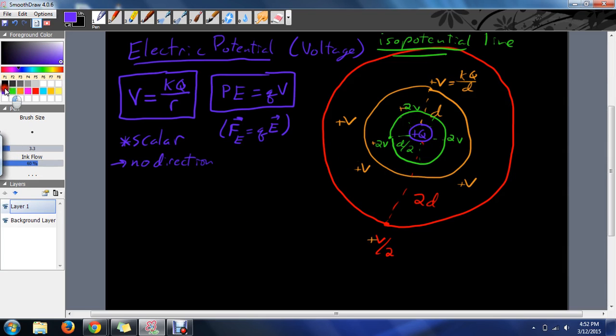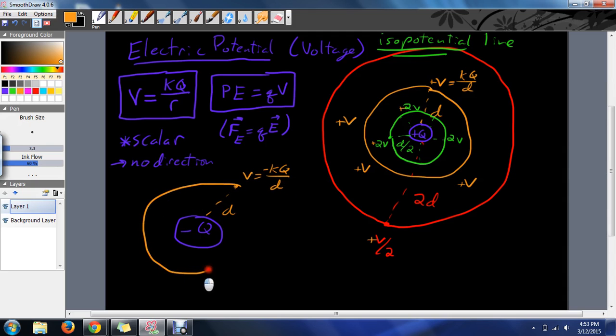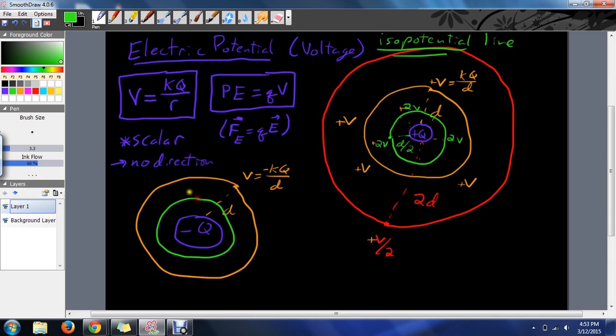So if I were to have a negative charge, notice how a negative charge does the exact same thing except that it creates negative values. So here V would be negative kq over d because q is negative. So we're going to have a negative V potential surface here. Negative 2V here.